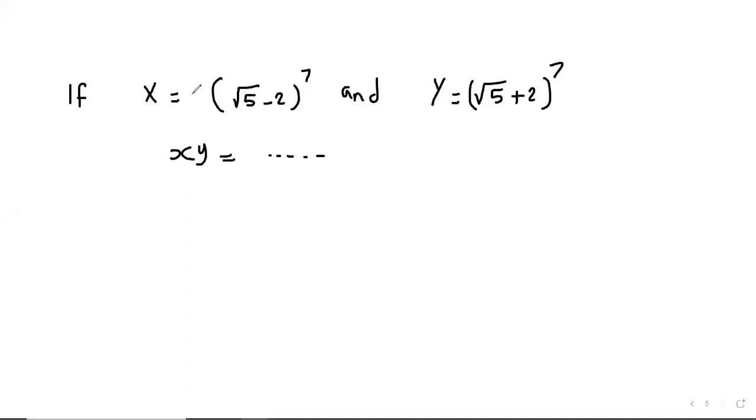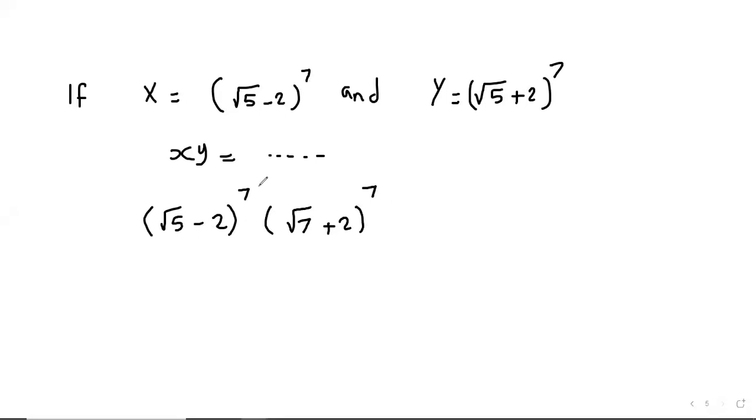Without using the calculator, if x equals root 5 minus 2 all raised to the power of 7, and y is equal to root 5 plus 2 all raised to the power of 7, then xy equals what? xy is root 5 minus 2 all raised to the power of 7 multiplied by root 5 plus 2 all raised to the power of 7.